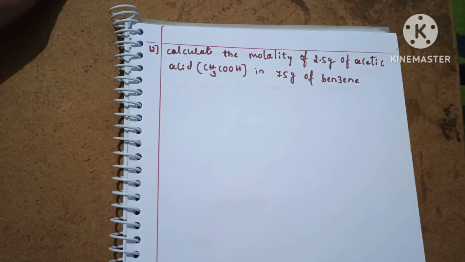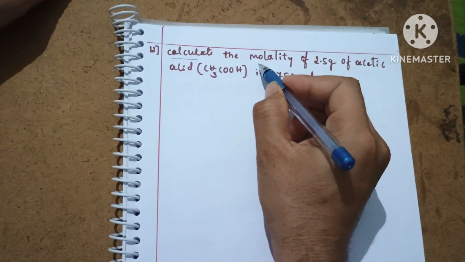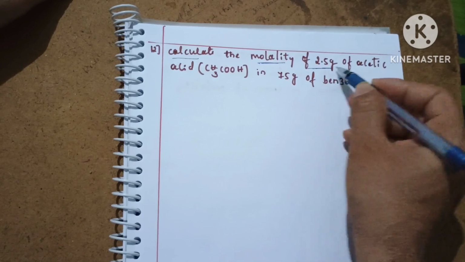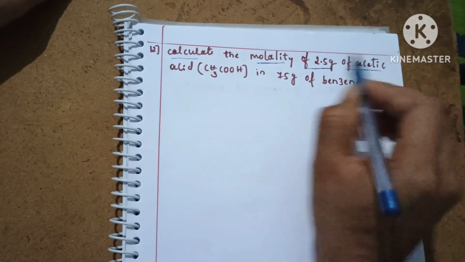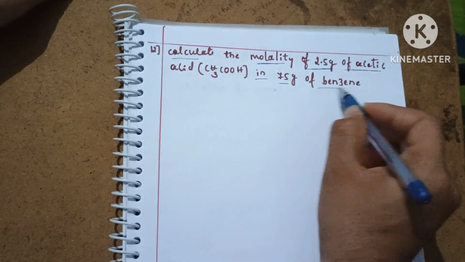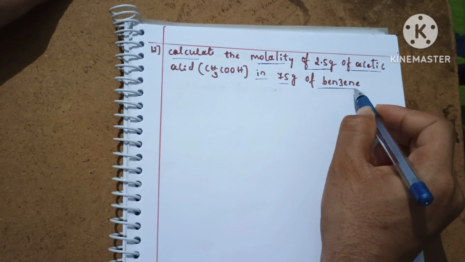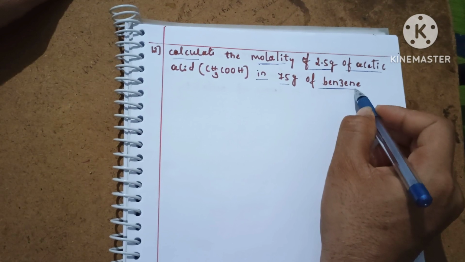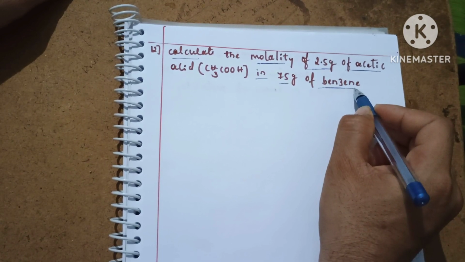Now the next numerical is on molality. Let's see: calculate the molality of 2.5 gram of acetic acid in 75 gram of benzene. What is he asking? He is asking to calculate the molality when 2.5 gram of acetic acid is dissolved in 75 gram of benzene.